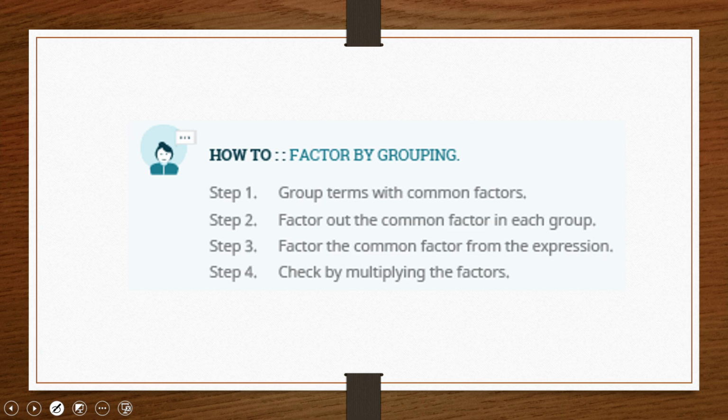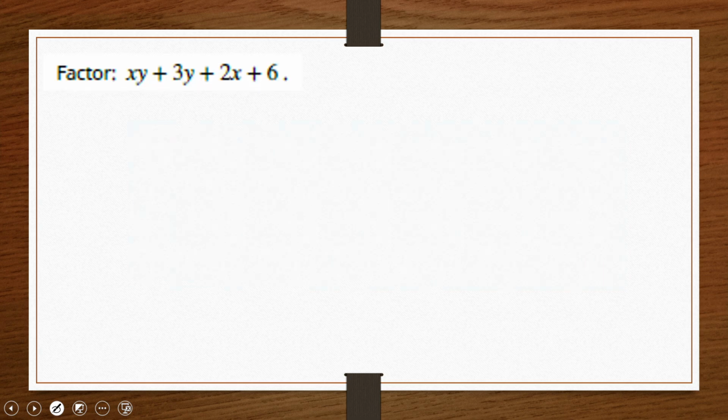So we'll pair either the first 2 terms or the last 2 terms and identify a common factor in the way we've shown in the previous examples. And then what will evolve is this binomial that we saw in the last example. It will crop up as what identifies as the GCF, now a binomial that we can pull from these terms. So let's look at a specific example instead of listening to me drone on about it.